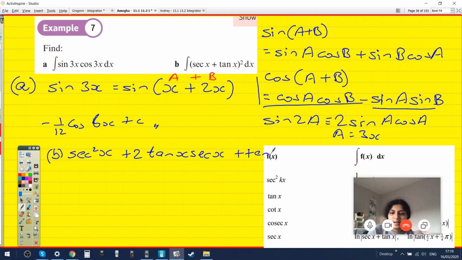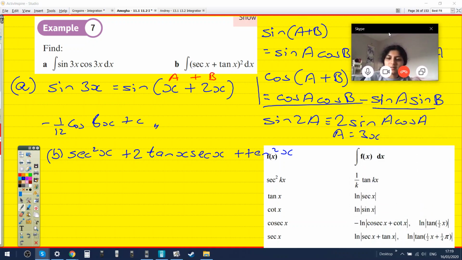So sec squared x just integrates to tan x. I think it's just tan x.